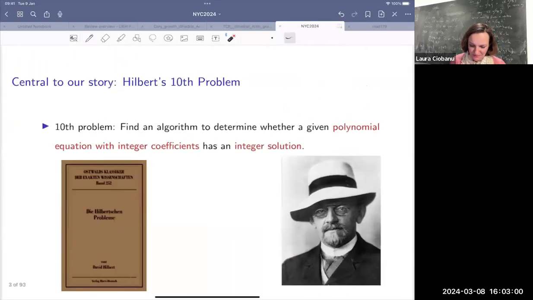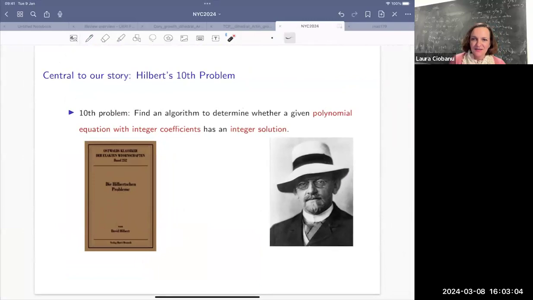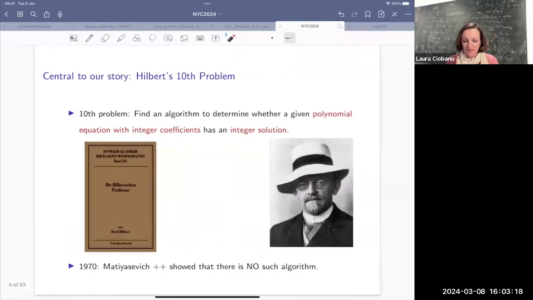And that's my favorite picture of Hilbert with his great hat and the book where he published his famous problems. As we all know by now, this is an undecidable problem. There is no such algorithm to find the solutions of Diophantine polynomials, and this was Matiasevich plus, and the plus is many others who contributed in significant ways to this result.